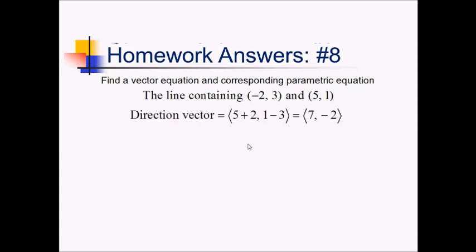Next, for the vector equation, we've got the starting point of (-2, 3), plus t times our direction vector of (7, -2). Now for the parametrics, for x, we have x equals the starting x value of -2 plus t times 7, or 7t. For y, we have y equals our starting y value of 3 plus t times -2, or 3 minus 2t.